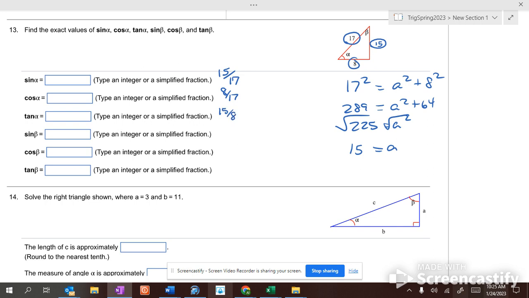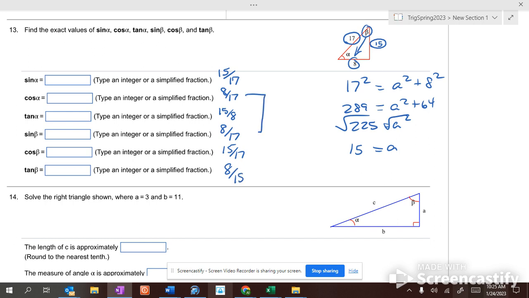Now they talk about beta. Alpha was down here, beta's up here. So when you do beta, now its opposite is 8/17. Its adjacent is 15, so it's 15 over 17. And its tangent is 8/15.